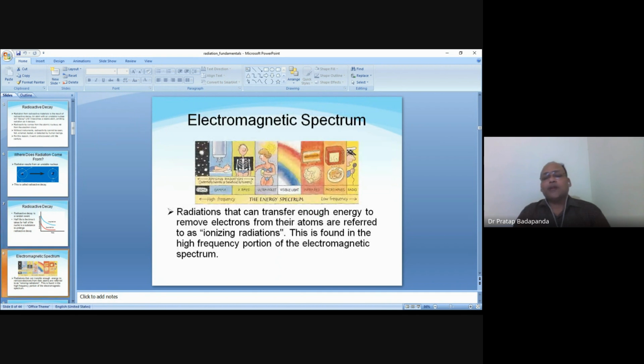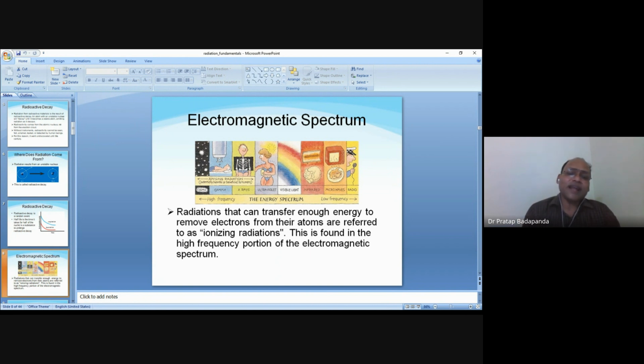So now you will come down to the electromagnetic spectrum. Radiation that can transfer enough energy to remove electrons from their atoms is referred to as ionizing radiation. So one term here is ionizing radiation.